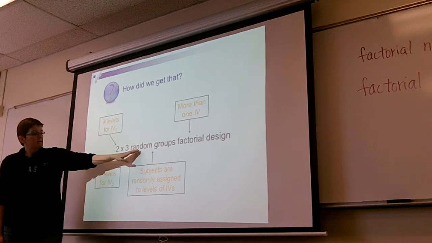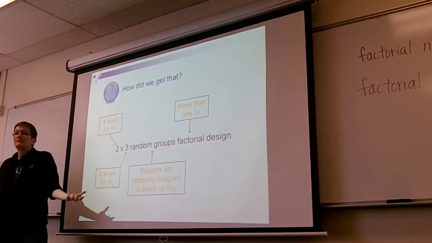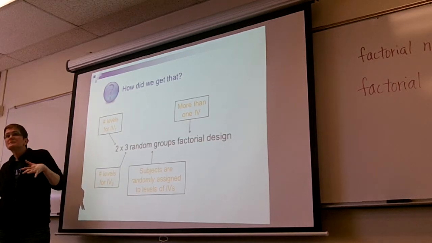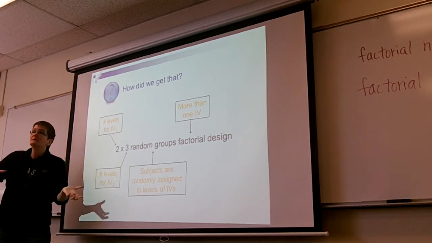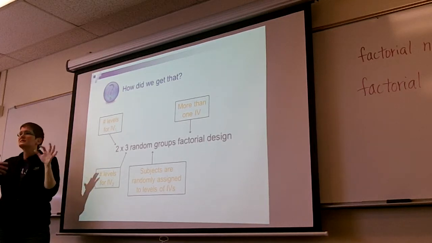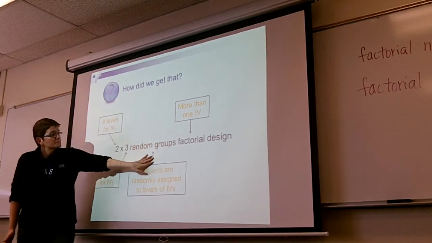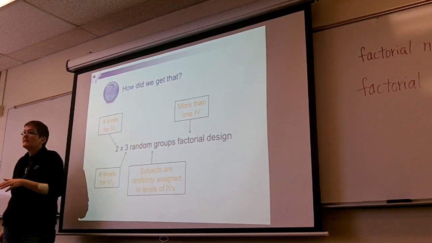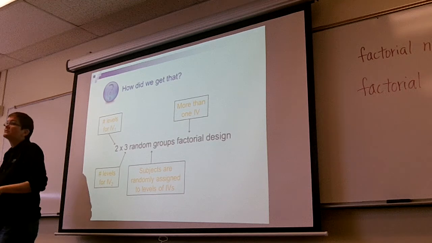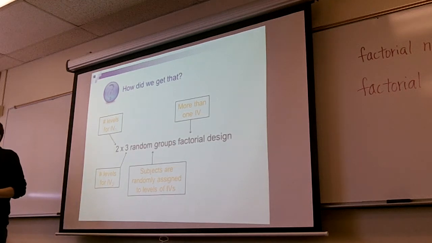This part right here tells us about the kind of IVs we have. Were they between subjects variables, within subjects variables? Did we have random assignment? Did we have matching? Did we have complete design? Did we have incomplete design? Those kind of things. Those all happen right here. That's where that part of the name comes from. And then all of the designs include the term factorial, indicating that we're talking about more than one IV.